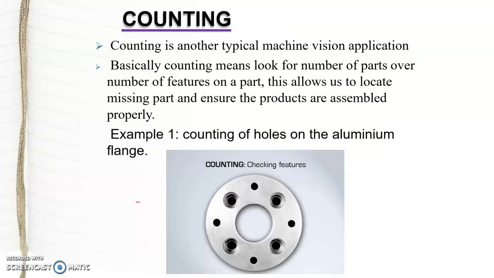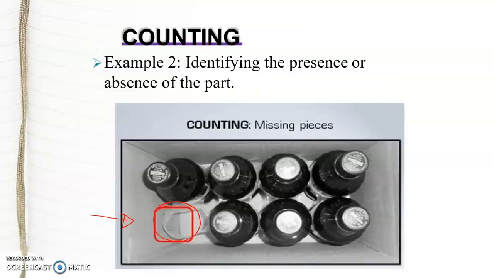This image shows the application of counting holes in an aluminum flange. Here it is counting the holes, and while counting, it provides the location of each and every hole, and it also gives information on any missing holes, etc. Here it shows the other application of counting.